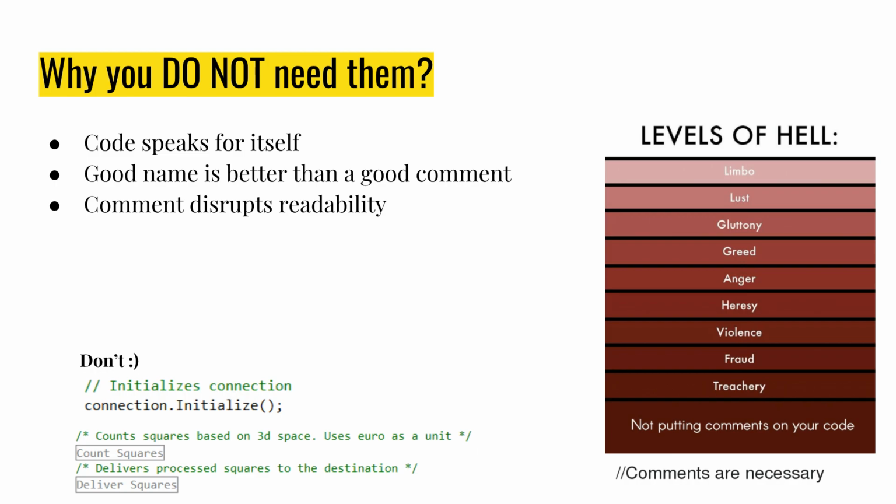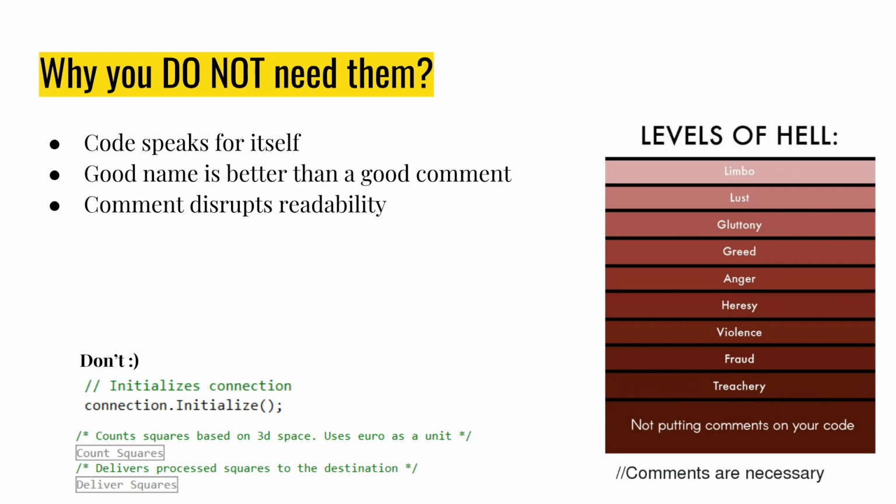Basically, comments get old too fast. Code changes, comments often do not. And for that reason, writing code more clearly instead of a comment which makes it clear is much better.